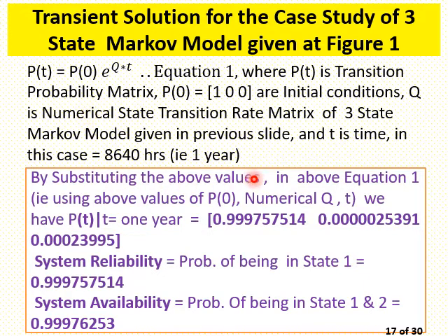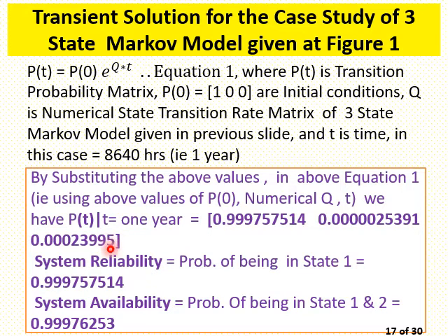Substituting these values in equation 1, we get the probability at the end of 1 year equal to 0.9997575, which is the probability of being in state 1, when it is normal. The probability of being in standby is 0.00025391, and the probability of being in shutdown is 0.0023995.